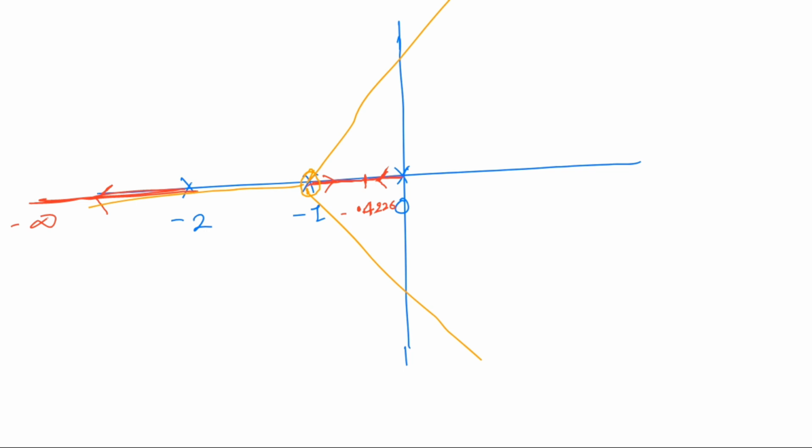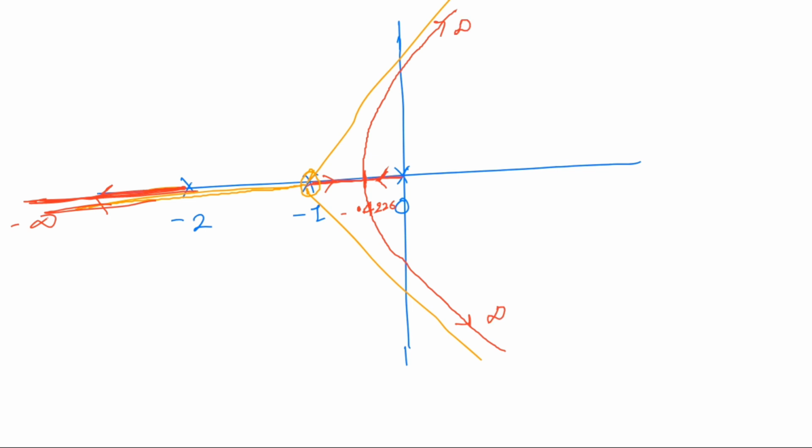Here we can see this asymptotic angle of 180 degree, and the root locus originating from the pole at minus 2 is already going towards infinity along it. And from here these two loci will break away and go towards infinity along these asymptotic angles. So this is the root locus for the given transfer function.